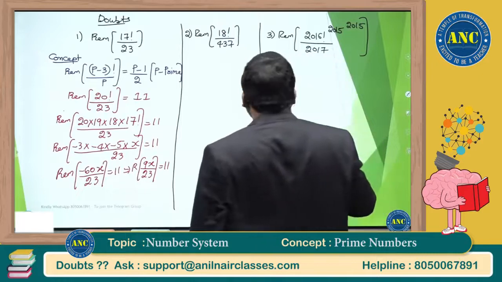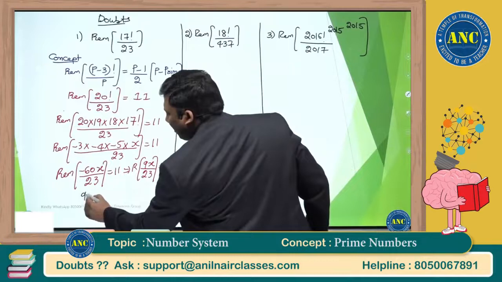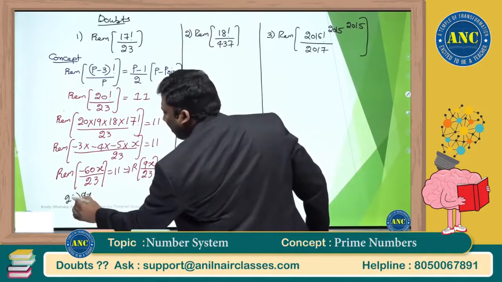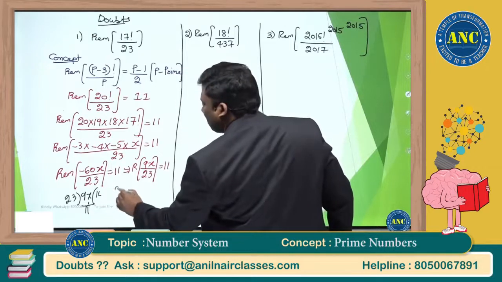Minus into minus is plus. Now 9x when divided by 23, the quotient I don't know, the remainder is 11.